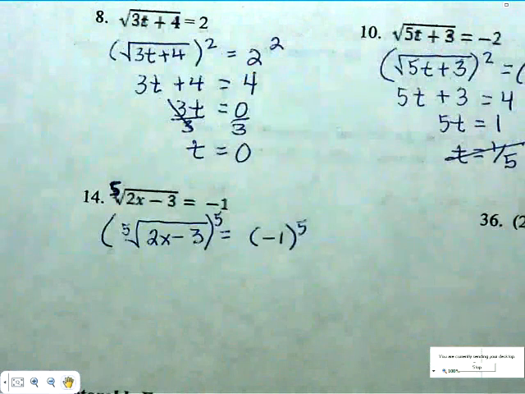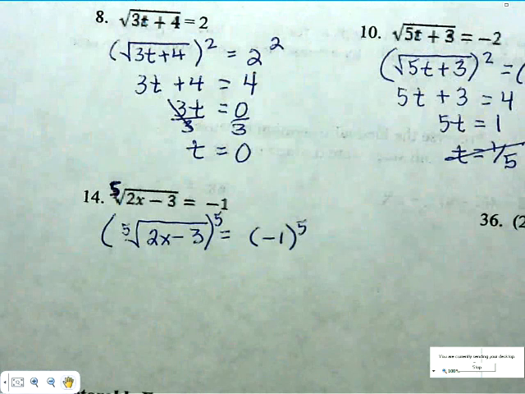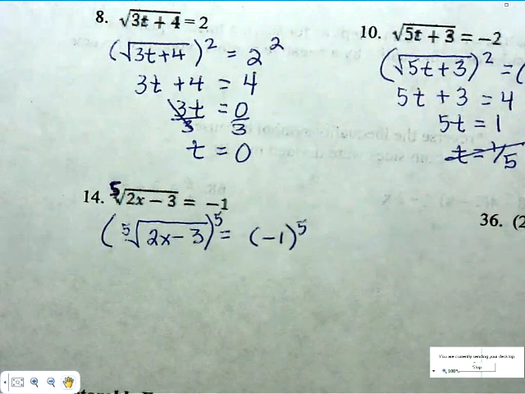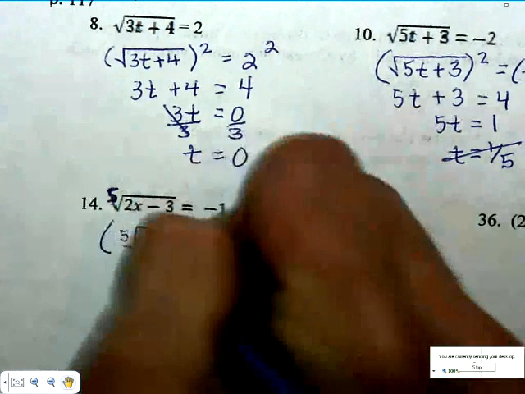Good thinking, but this is an odd power, an odd root. Yeah, it's good that you were thinking of that, but it shouldn't apply here because that's an odd root. All right, on the left-hand side, fifth root of 2x minus 3 raised to the fifth power is just 2x minus 3.